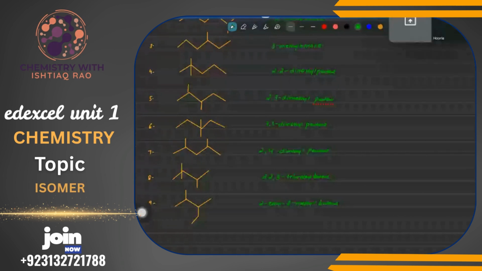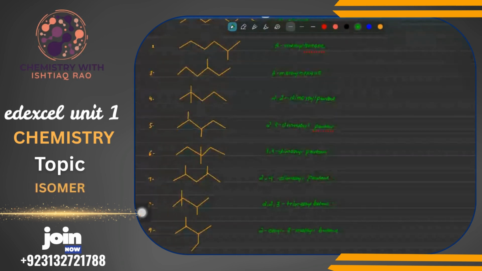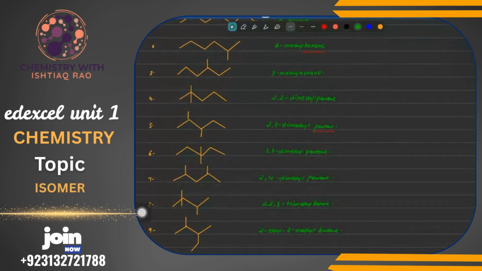Those are the possible structures of heptane. In the exam, you will not see such a long isomer question, but for practice I showed you this to make your concept better. That's the criteria we look at while drawing isomers. First, you draw the structure and then give it the name.